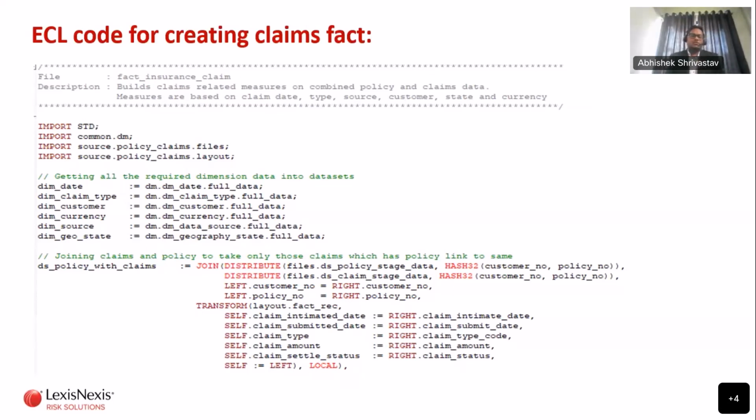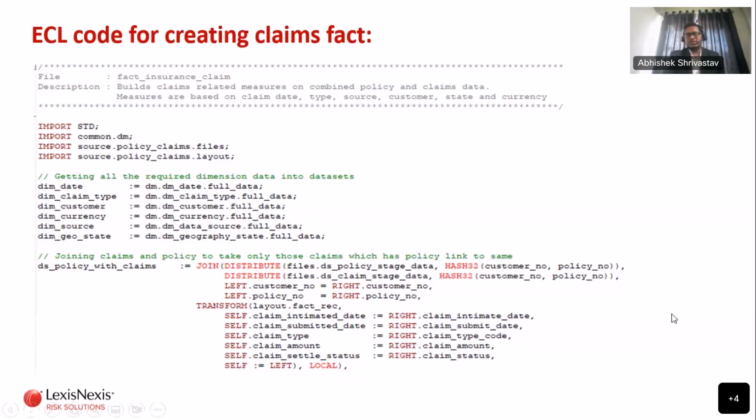Okay. Now, if you have noticed, we have done the data distribution here. The policy data and the claim data are a huge data set. On a given instance, we can have GBs worth of data coming in, and to join that much data, we have to do the distribution on top of the columns we want.